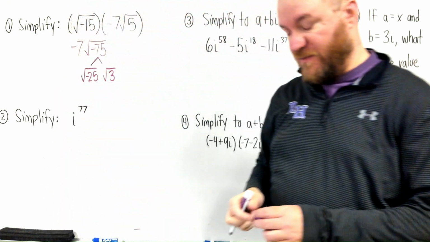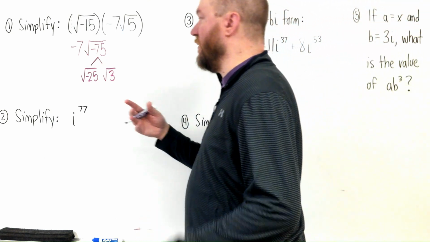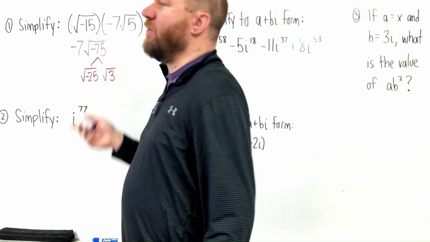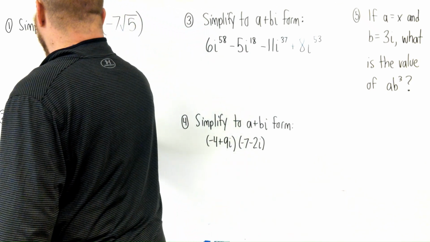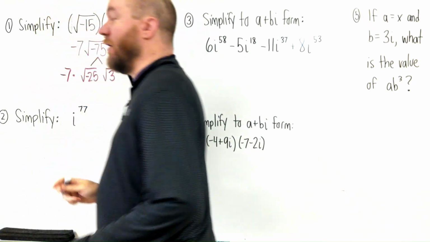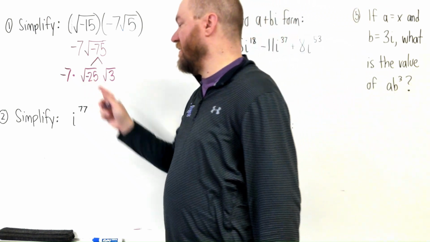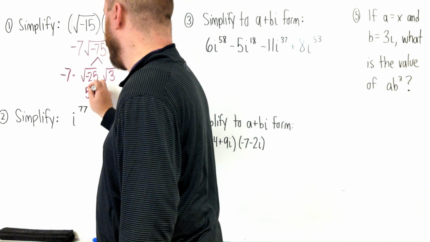So remember, when you're simplifying a radical, you pick the largest perfect square that is divisible into it, and that's what you divide out. In this case, since it's negative, we also want to attach a negative to that perfect square. This -7 is just going to float out front and wait for its turn. The answer to the square root of -25 is 5i.